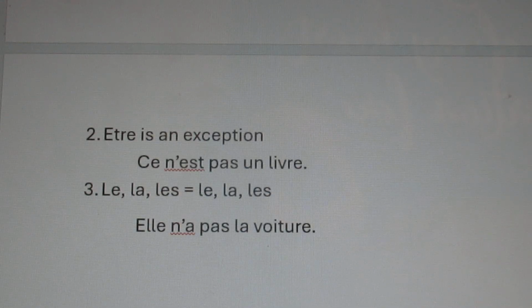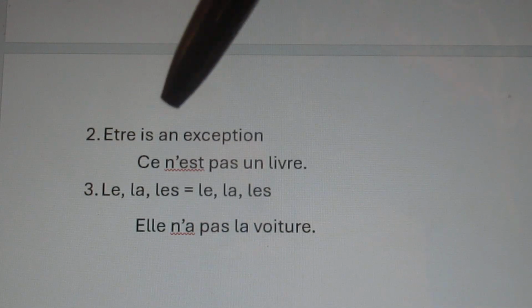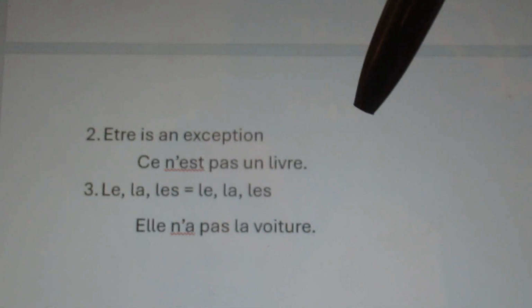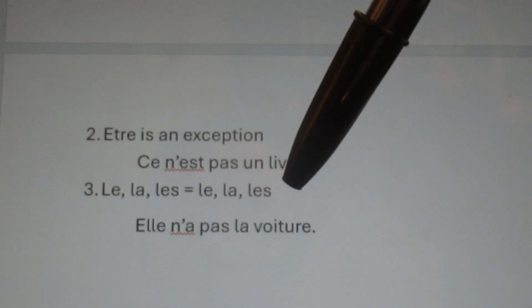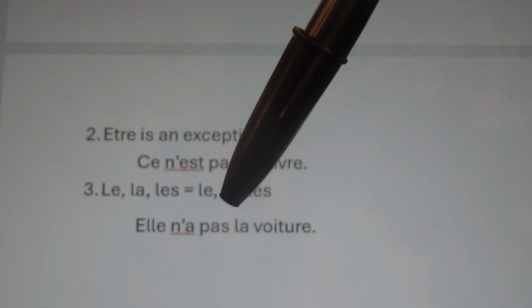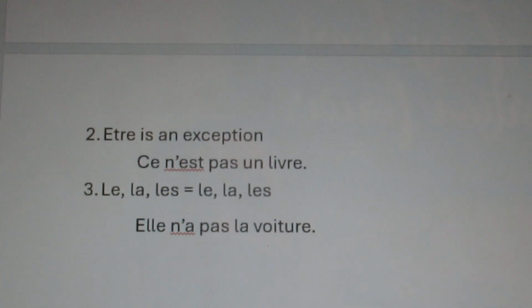And the last one that I want to keep in mind is if I have le, la, and les. And notice that le, la, and les equal le, la, and les. That means they don't change at all. So we have our example here. Elle n'a pas la voiture. Right? So my la right here is after my pas, and it didn't change to a de.